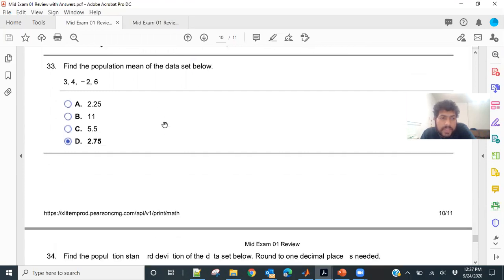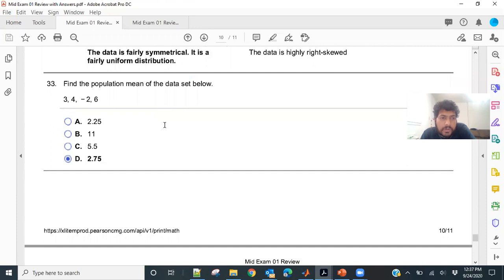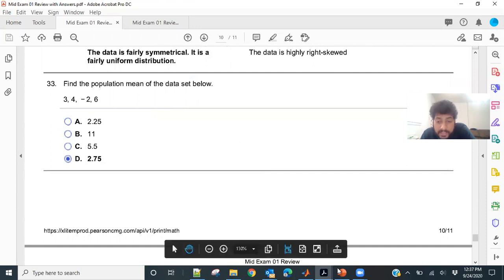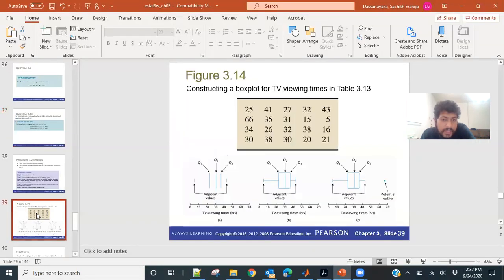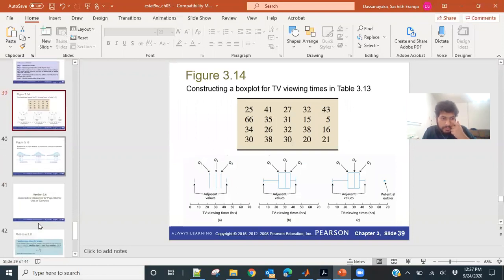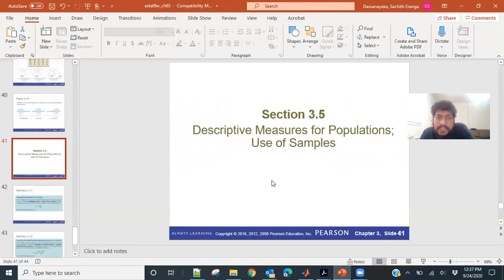The last two questions are based on population. So find the population mean of the data set. Population mean. Till now we talked about samples, but now they have mentioned something regarding population.